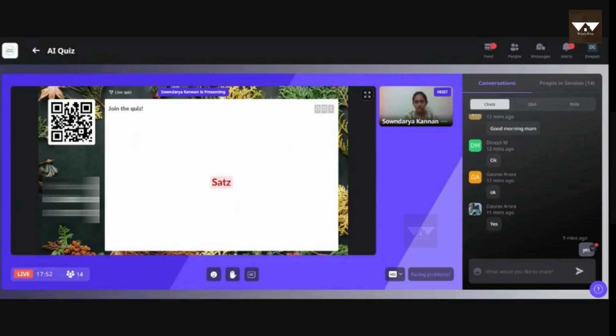As you can see on the screen, you can click on the link which I have given and type the code 533715. Or if you have a mobile phone with you, you can take your phone and scan the QR.